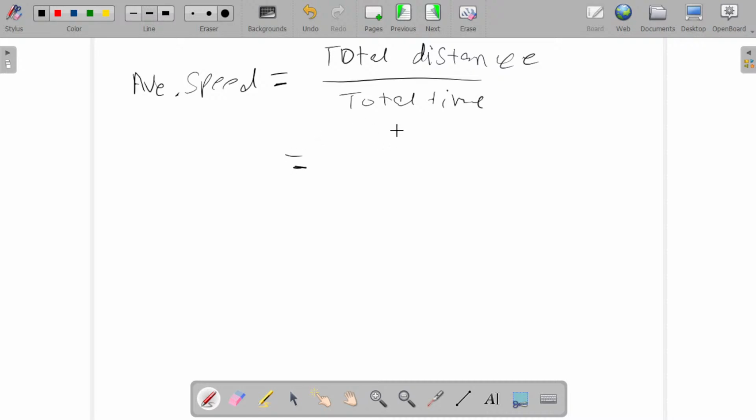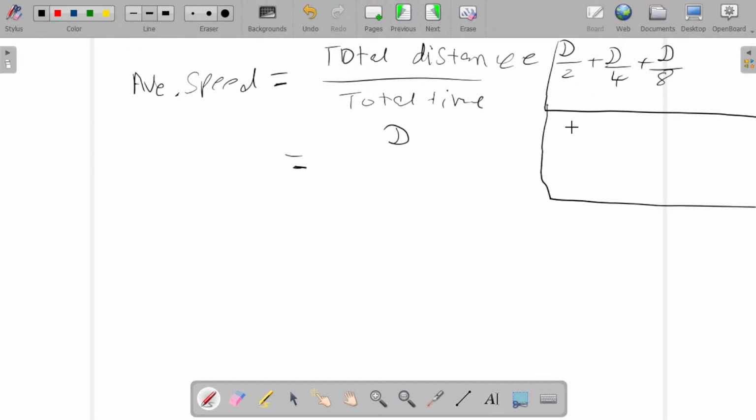So total distance we suppose as d, or we can do another way, d1, d2, d3. d1 is d by 2, d2 is d by 4, d3 is d by 8. So if we further simplify it, we get 4d by 8 plus 2d by 8 plus d by 8.